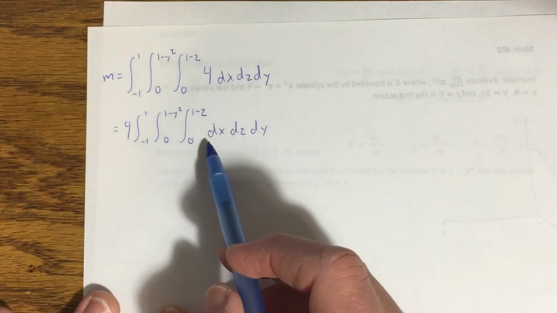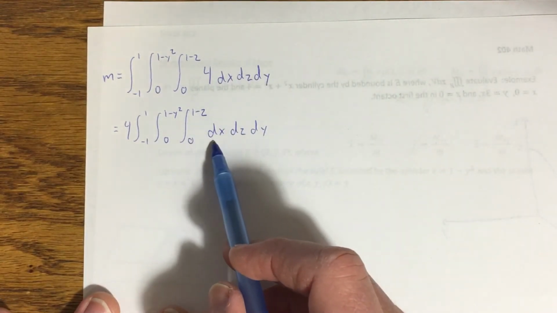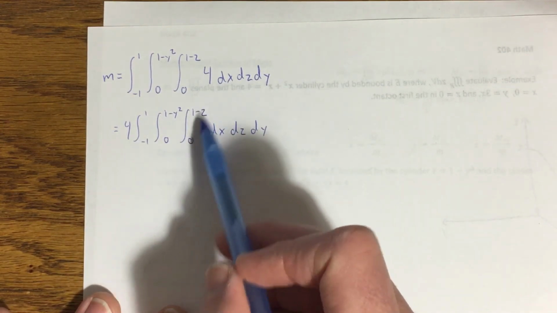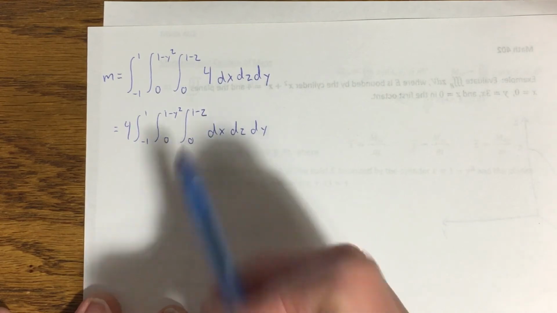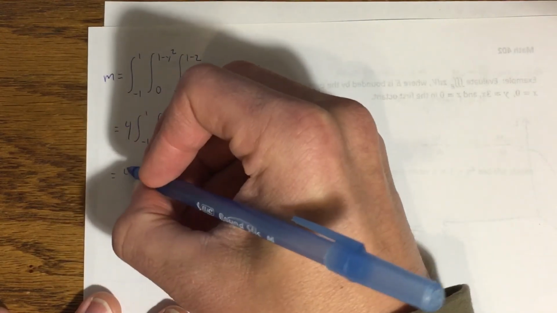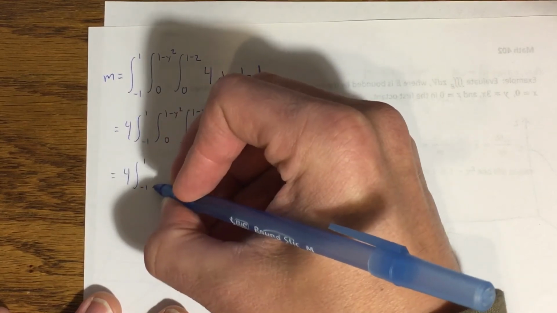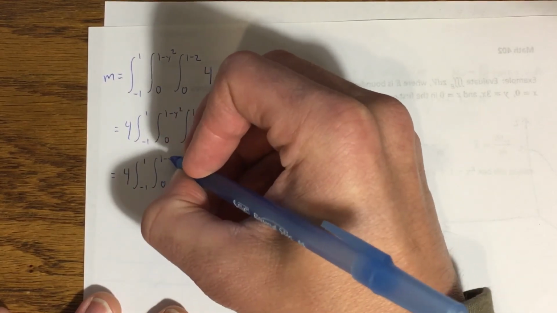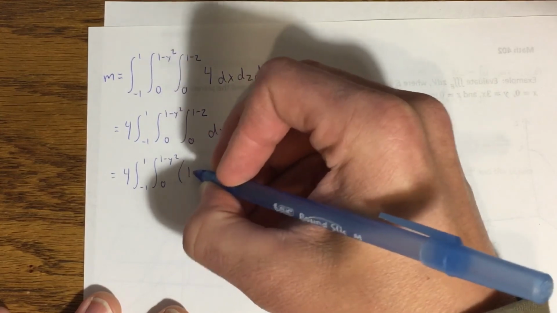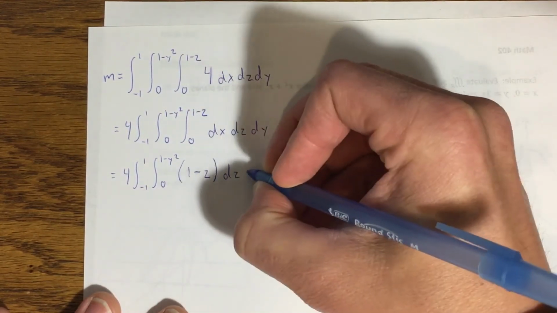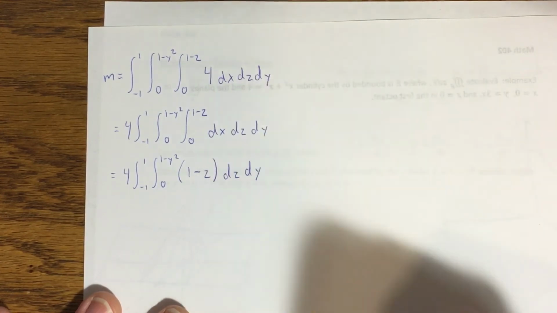Now if I integrate dx, the antiderivative is just x, and the consequence using these limits of integration is I just get 1 minus z minus 0. So that's going to give me 4 times the integral from -1 to 1, integral from 0 to 1 minus y squared of 1 minus z, dz, dy.